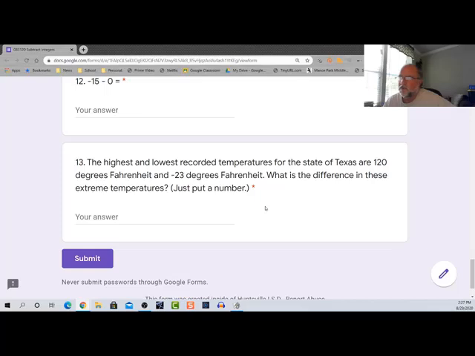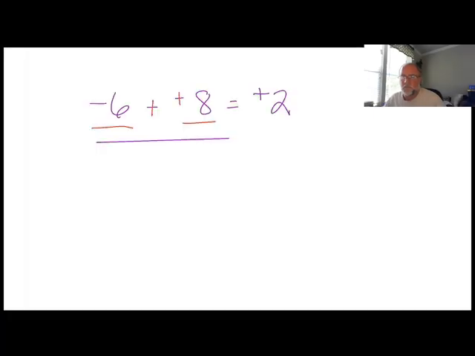You always take the hot temperature minus the low temperature anytime you're trying to find difference. So let me move back to a blank page on my screen, and we'll talk about this one for a second. Let me turn off my display.